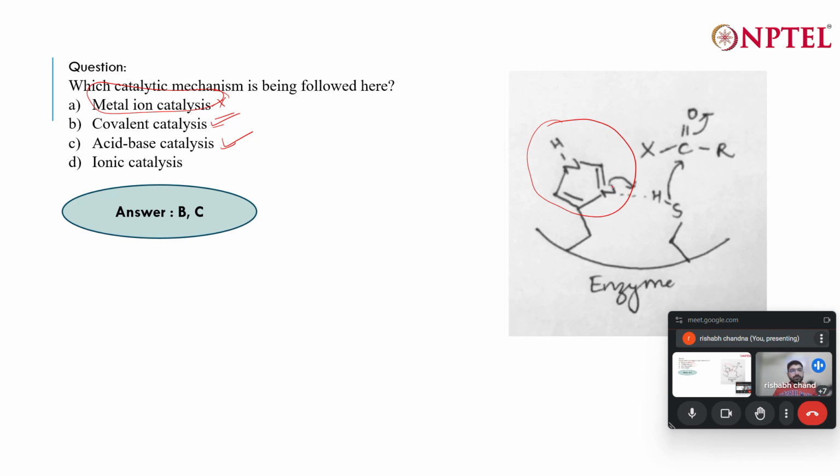This H is being transferred to the SH group, and because it's involving H, it is acid base catalysis. And as it is being transferred from this H to the other molecule, a covalent bond will be formed and broken, so that's why it is given as an example of covalent catalysis also.